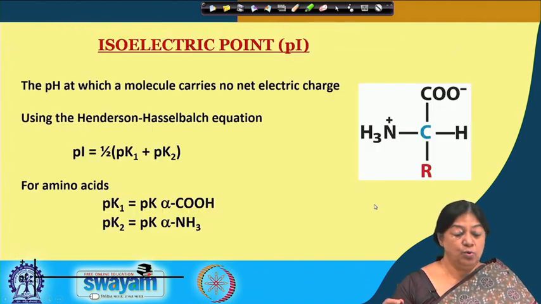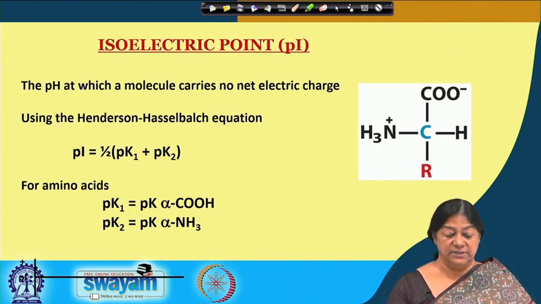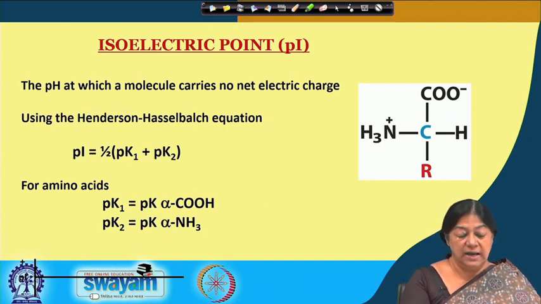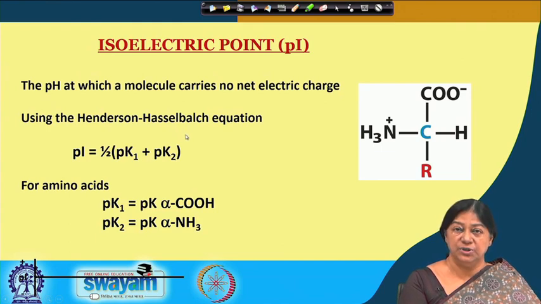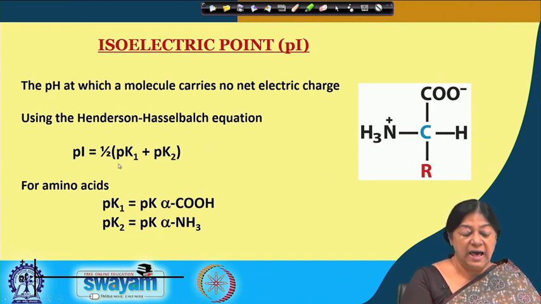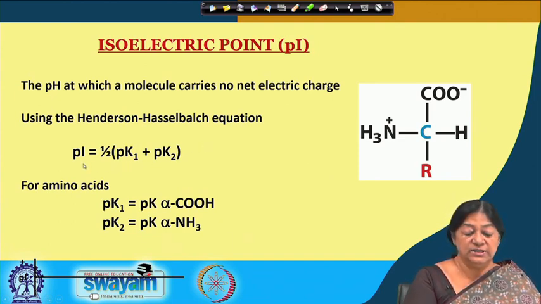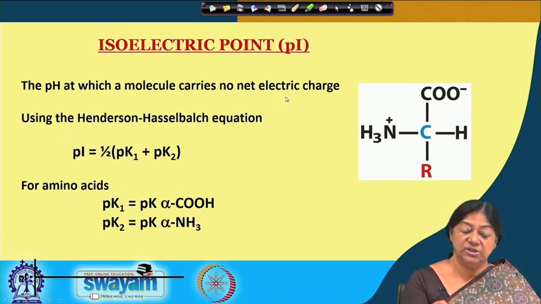Now, if we try and understand what the isoelectric point of an amino acid is, we learned in the last class that we have something called the Henderson-Hasselbalch equation, and we learned how to derive it based on the dissociation of acids. We can find what is called the isoelectric point, which is the pH at which the molecule does not carry any net electric charge.